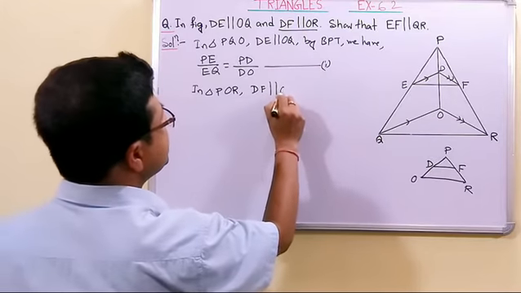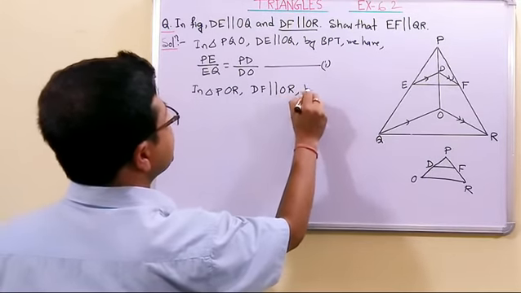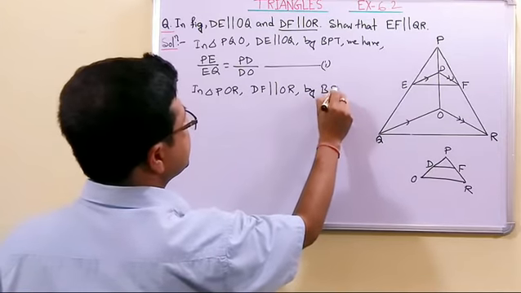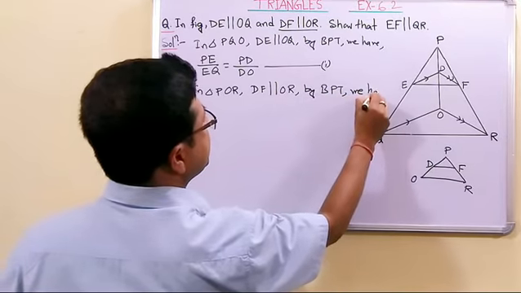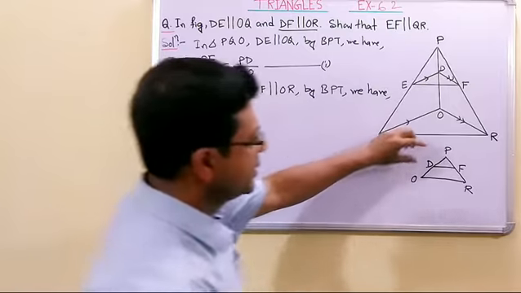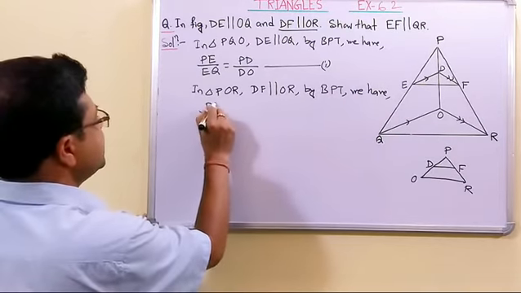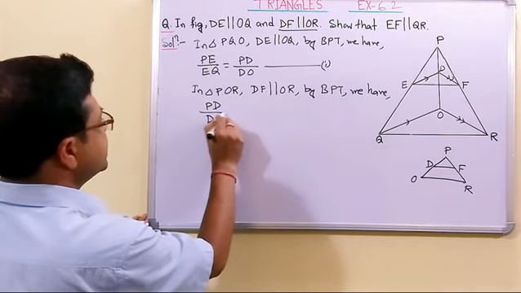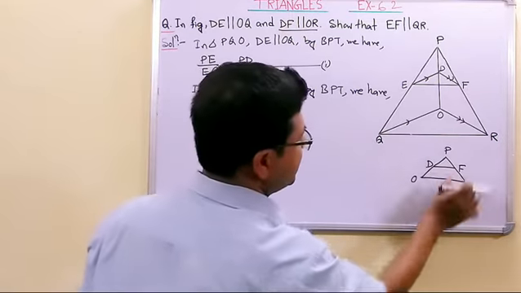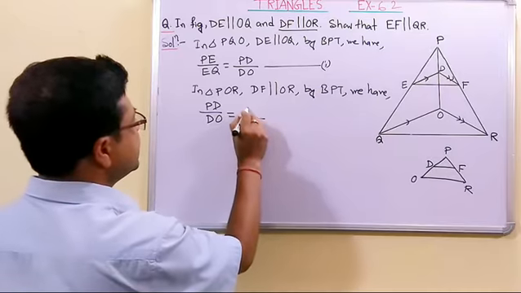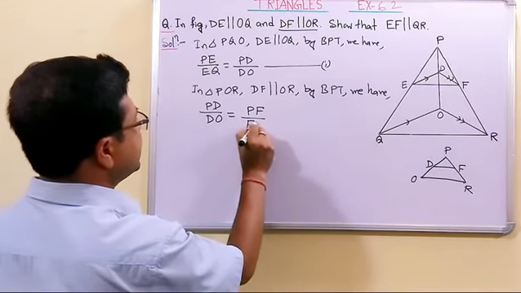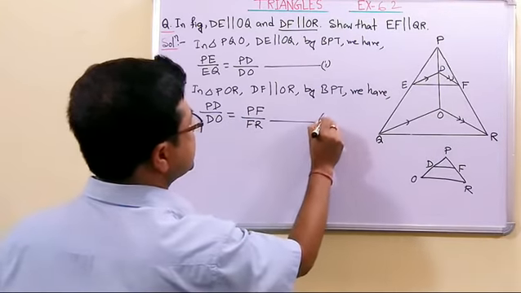By BPT, we have PD by DO is equal to PF by FR. This is equation 2.